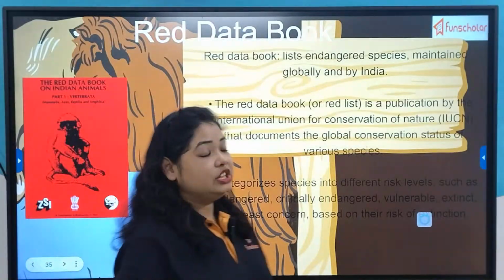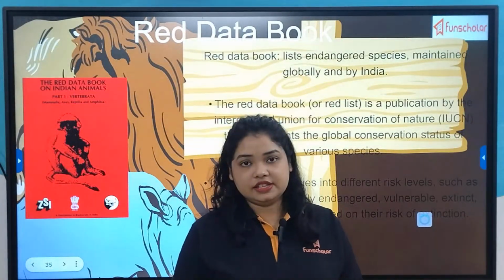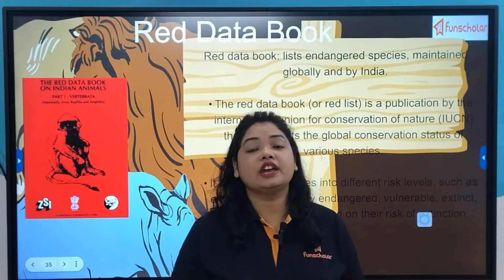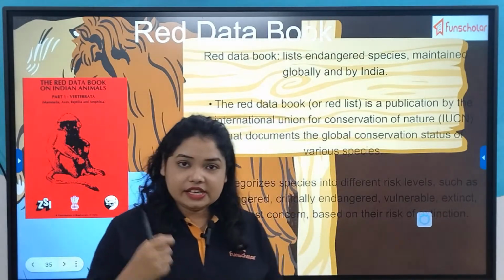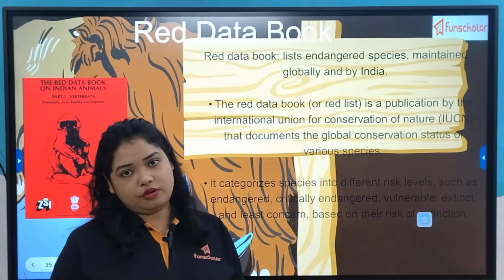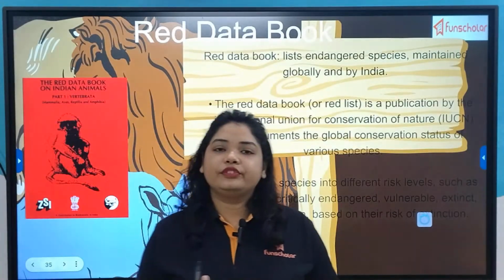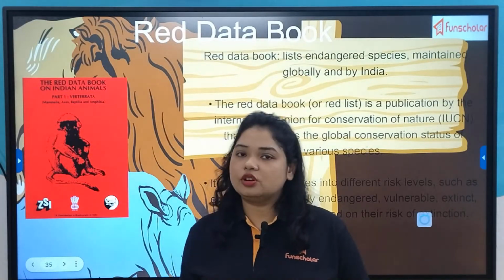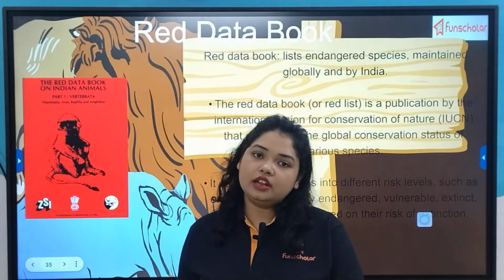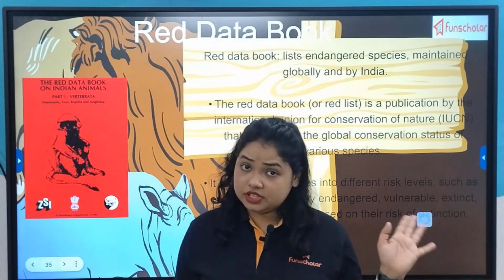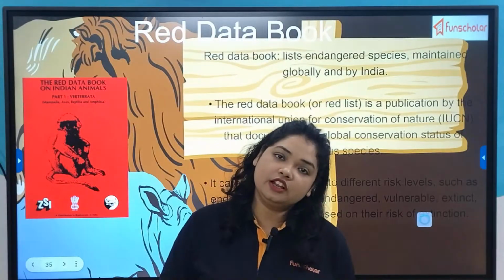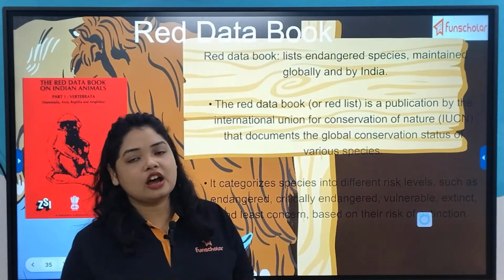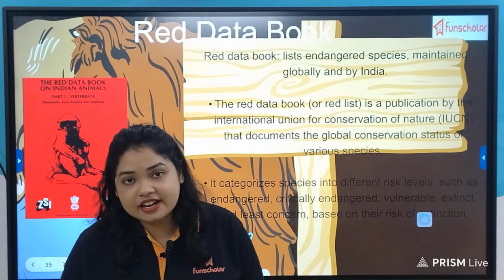This wing of the United Nations Organization prepares this record of the red data book every year, and they update the information. For example, if due to conservation efforts some species have come out of the list of endangered species, then they will remove the name of that species from this book, and if some new species have been included, that will be written here. So like this the record is updated every year, and this is the international record.